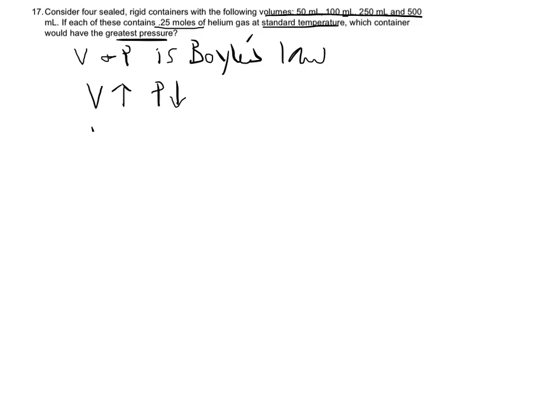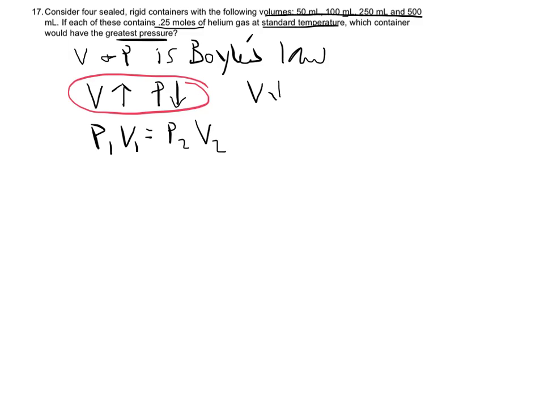And the equation for this is P1 V1 equals P2 V2. Now we don't really need the equation in this problem. All we need is this relationship: as volume increases, pressure decreases, or as volume decreases, pressure increases.